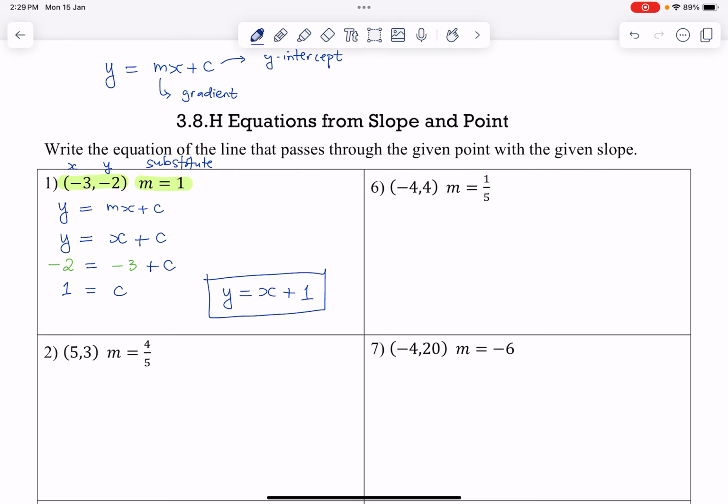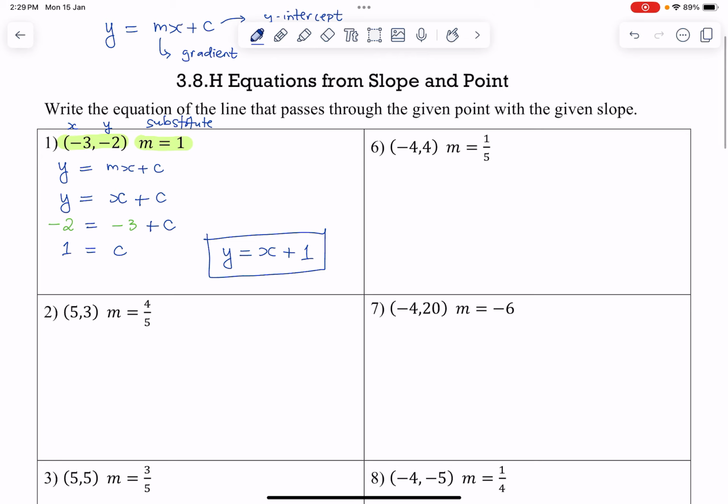We'll look at the second example. Similarly, we will start with y equals mx plus c, and again we are given that the gradient is 4/5, so we will replace m with 4/5.